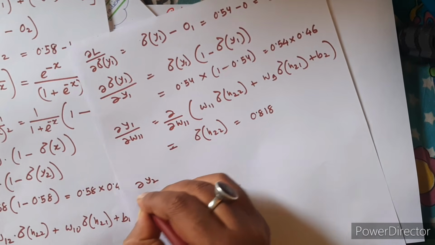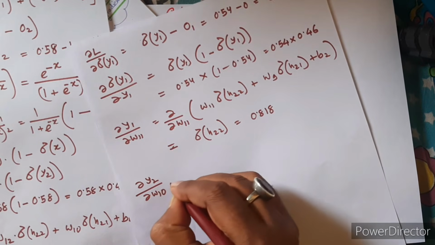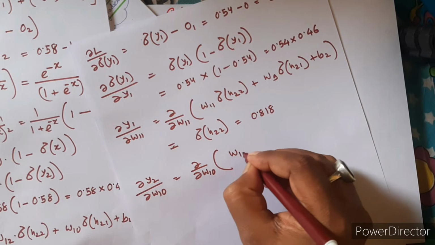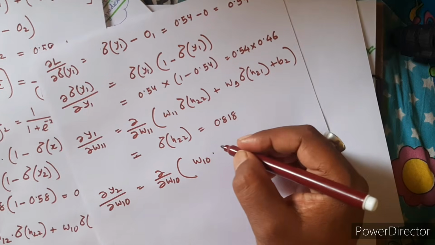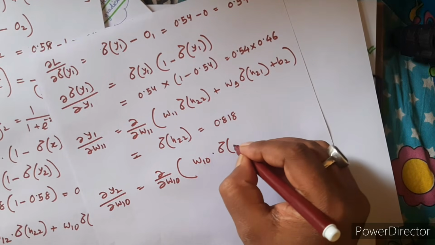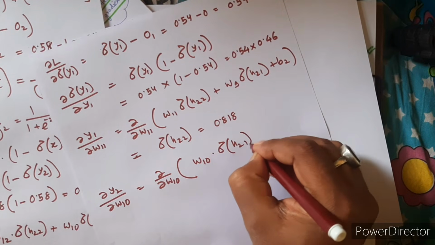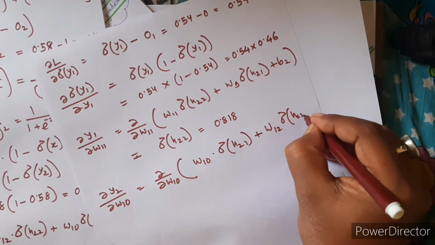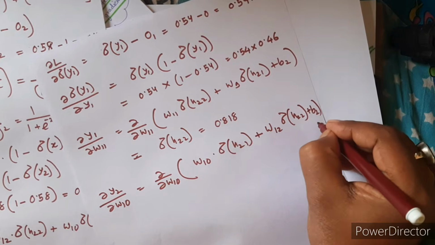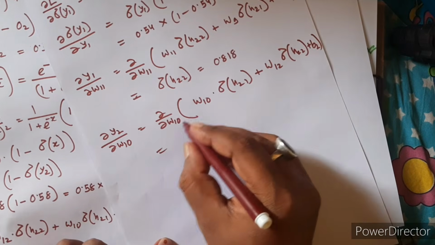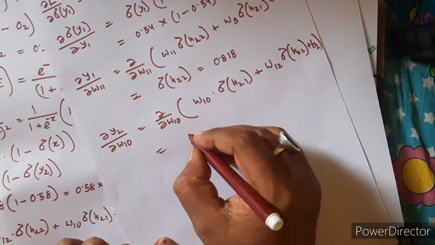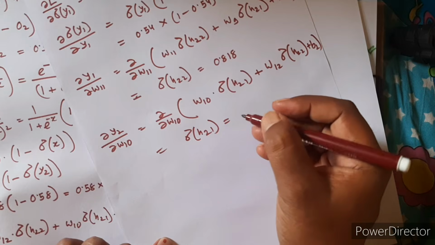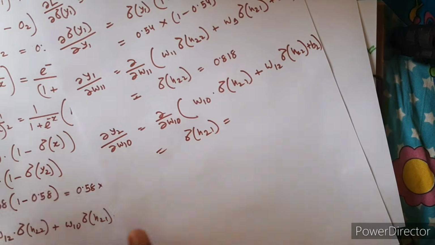Delta of Y2 by delta W10 is equal to the derivative of W10 sigma of H21 plus W12 sigma of H22 plus B2, right? Taking everything else as constant, this will be sigma of H21. What is sigma of H21?